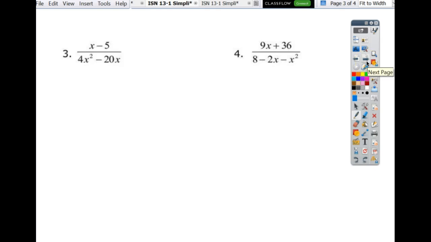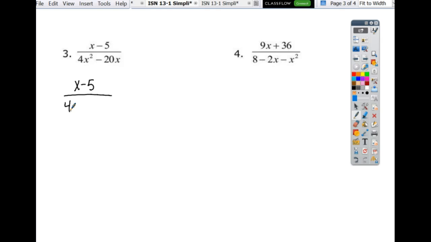So x minus 5, can we do anything on top? I can't. So I'm going to leave x minus 5. So 4 and 20, what do they have in common? 4. Then, if you look at the lowest exponent, what is the lowest exponent? Which is 1.